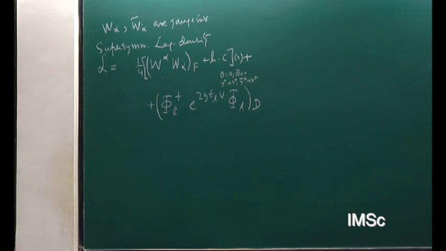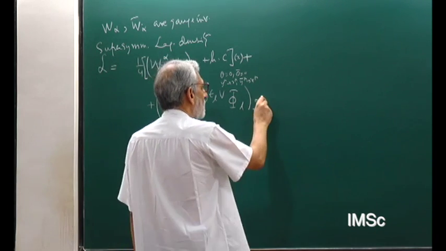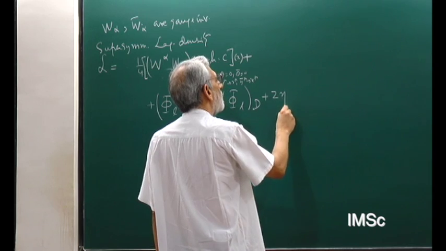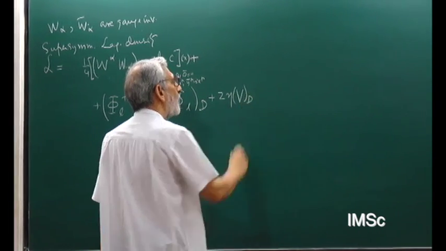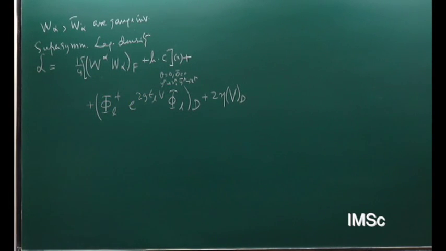You could add to this also, with some normalization, eta some coupling times the D component of the vector superfield, because that would also transform under supersymmetry as a total derivative.